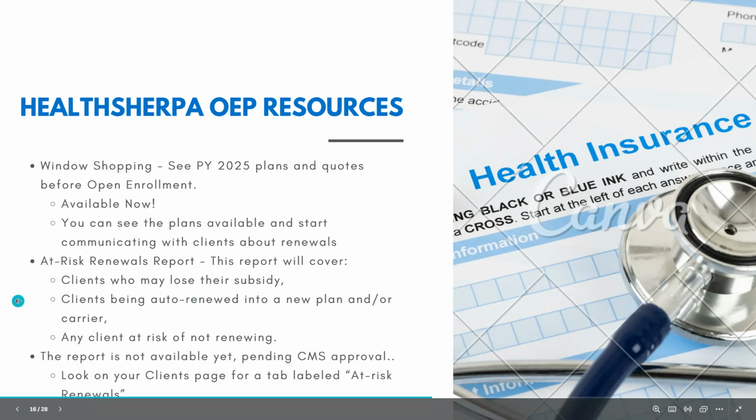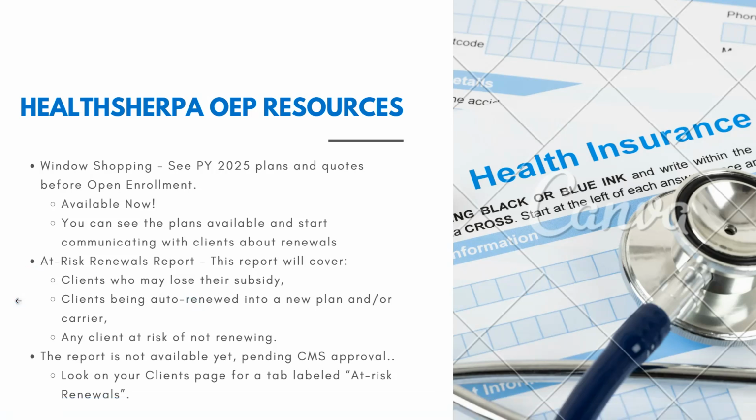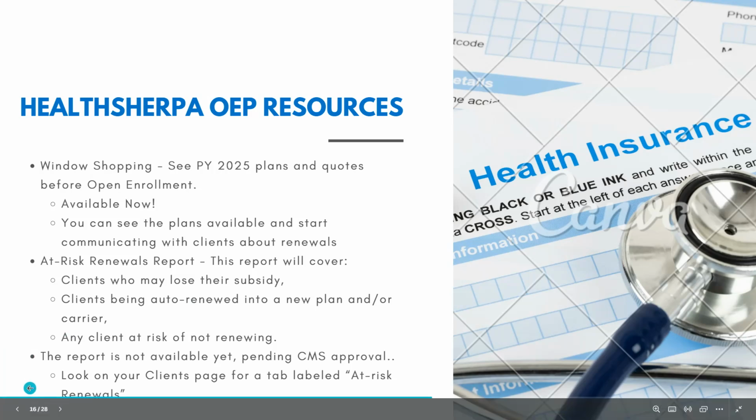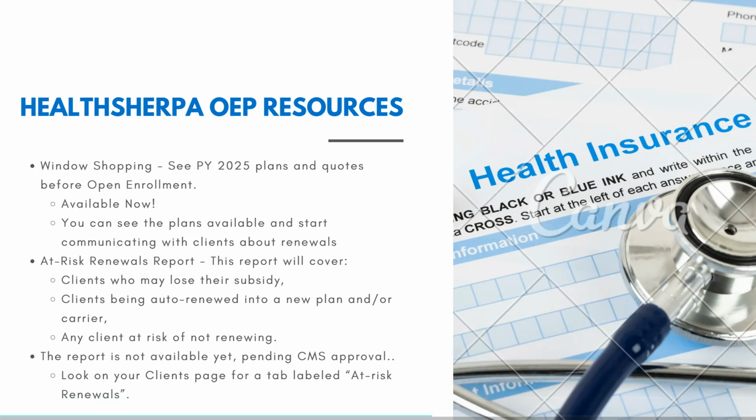There was supposed to be an at-risk renewal report. This report was going to cover clients who may be losing their subsidies, clients that are being auto-renewed into new plans, or if the carrier was dropping the plan or not renewing.